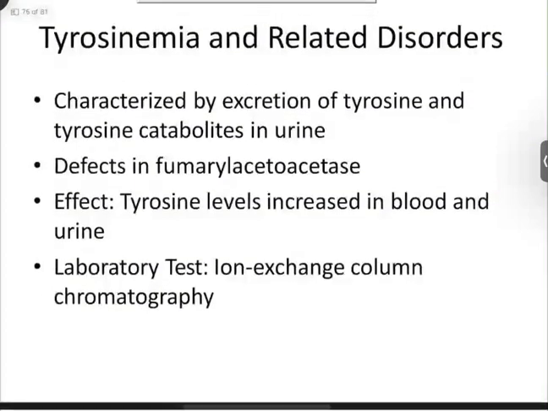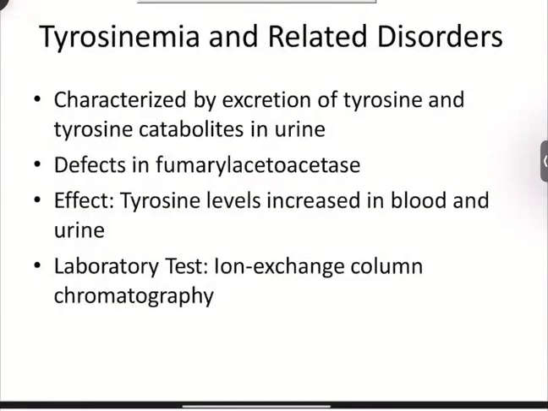Next, tyrosinemia and related disorder, characterized by excretion of tyrosine and tyrosine catabolites in the urine. Defect in fumarylacetoacetase. Okay? These abnormalities are mainly, no, absence or deficiency or defects on your enzymes, which convert your amino acids.